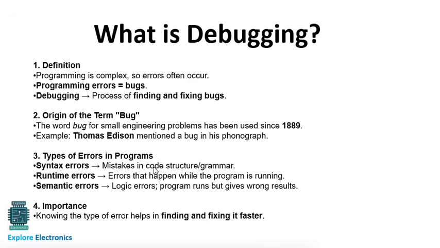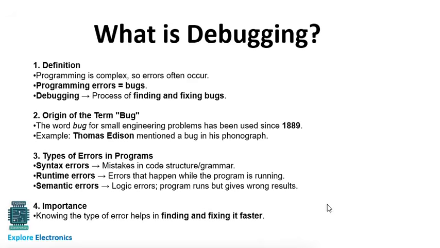Syntax error means mistakes in code structure or grammar. The mistake is in the code structure, meaning the syntax of the code, or any grammar mistakes will also show as syntax errors. And runtime error means errors that happen while the program is running.